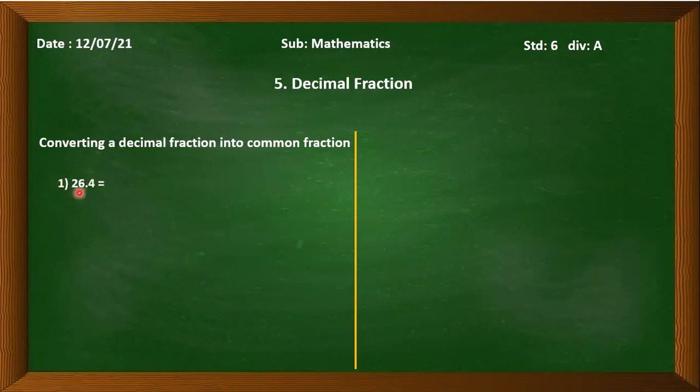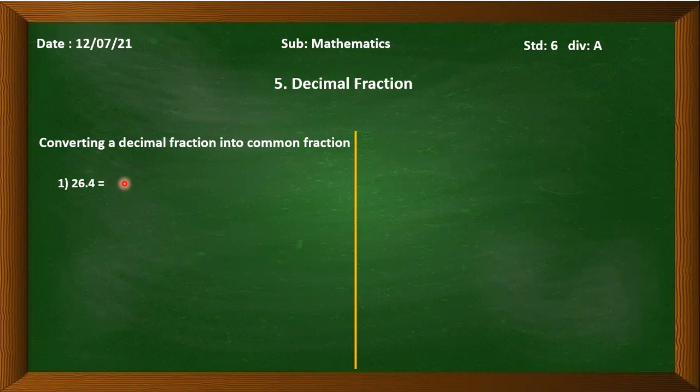So this is the example, 26.4. This is in decimal form. Can anyone tell how many digits are there after the decimal point? 1. One digit, right? So according to the previous rule, if there is one digit after the decimal point, then how many zeros will come in the new denominator?